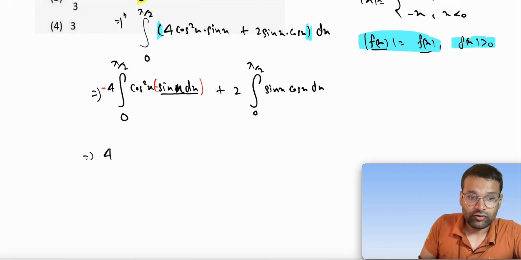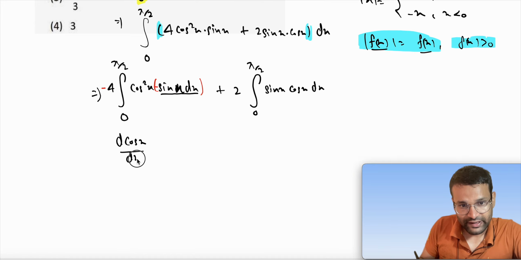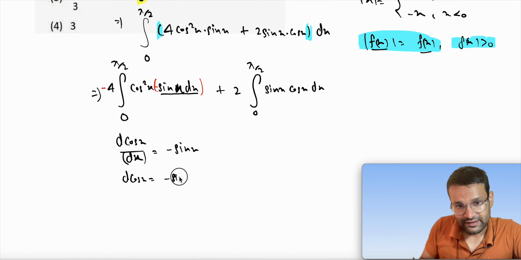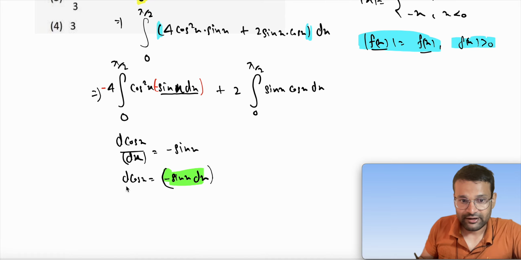Now what I am going to do here, we all know that if we differentiate cos x with respect to x, it becomes minus sin x. Now cross multiply: d cos x is written as minus sin x into dx. So you can replace this part by this part.